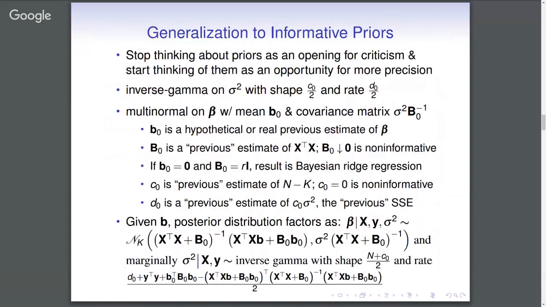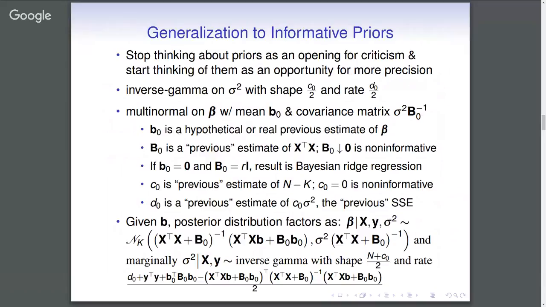So how might we generalize this to some other priors that are not the priors that are cooked up, quite frankly, to make the Bayesian posterior distribution coincide with the sampling distribution of the OLS estimator in the frequentist perspective?